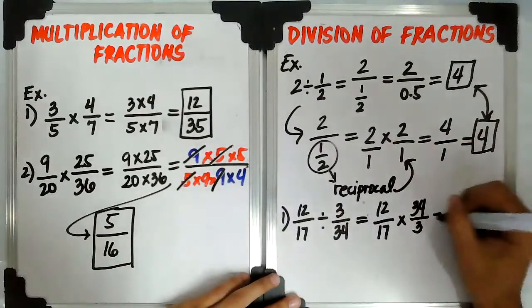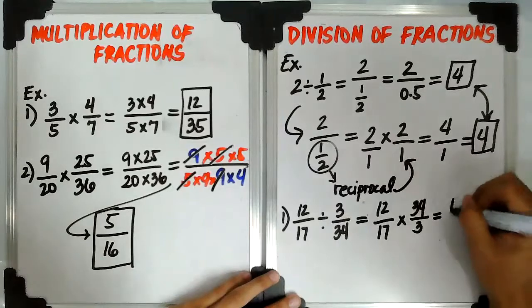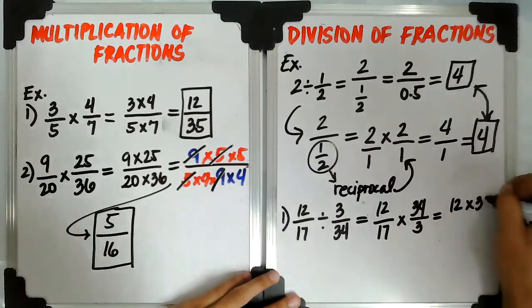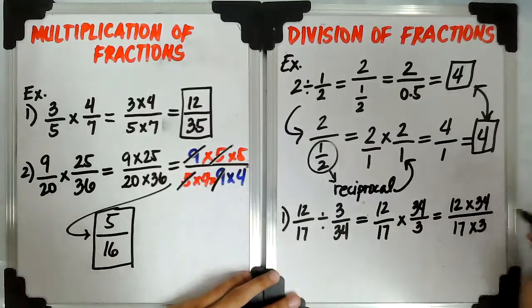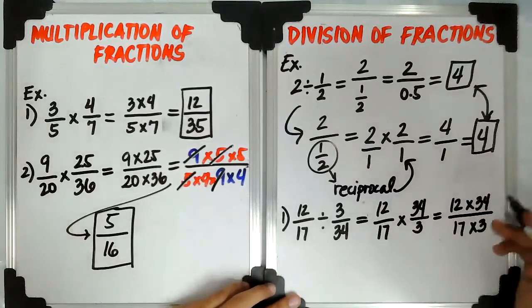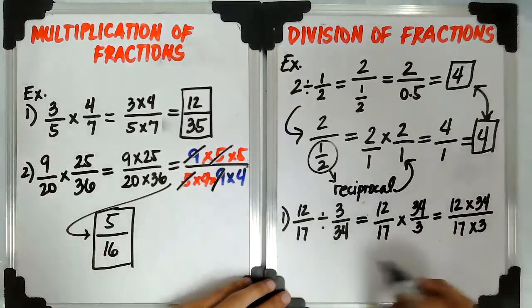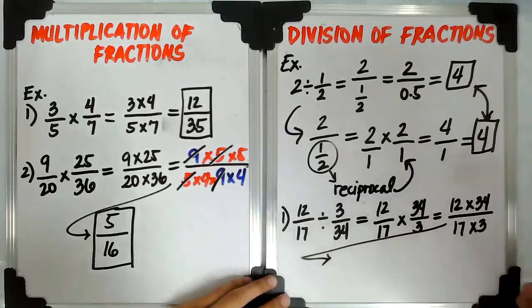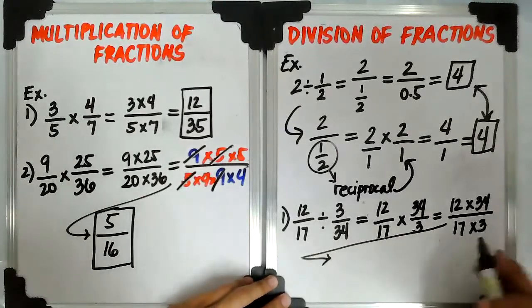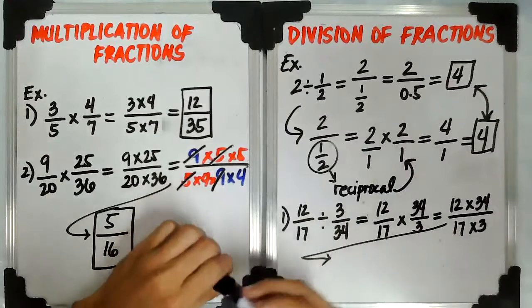All right. So rewrite or regroup this as one term. So it will be equal to 12 times 34 all over 17 times 3, and get the common factors between the numerator and the denominator. Since here 12 and 3 have a common factor which is 3, 34 and 17 have a common factor which is 17.